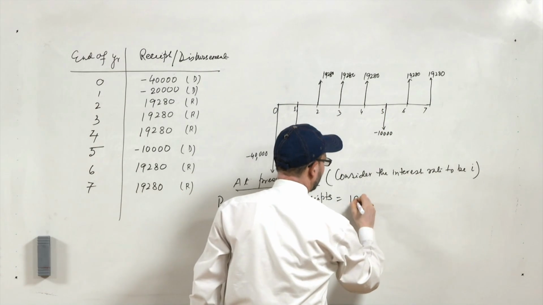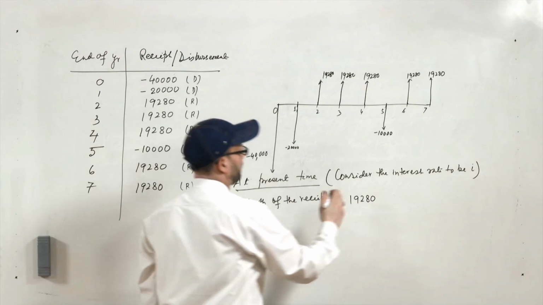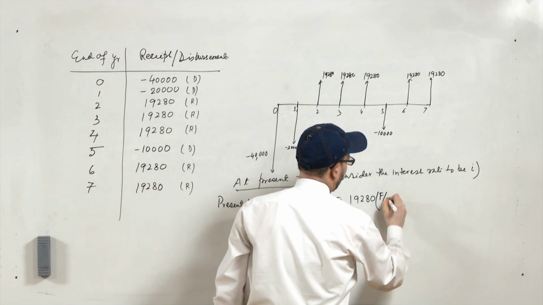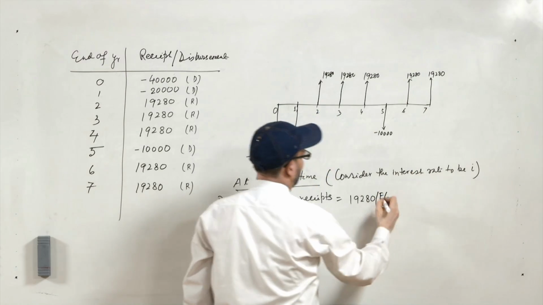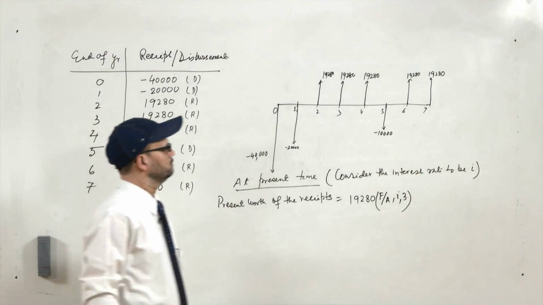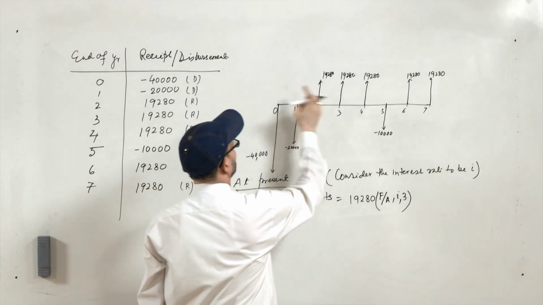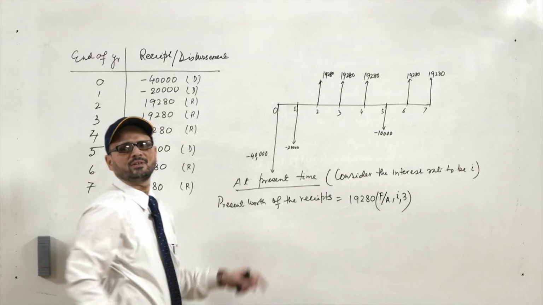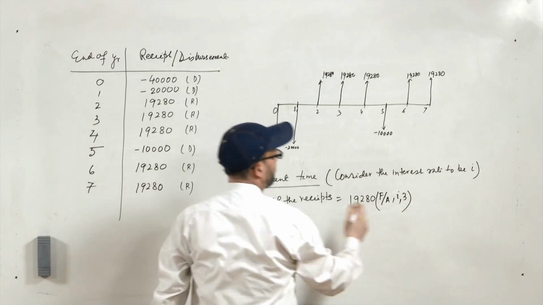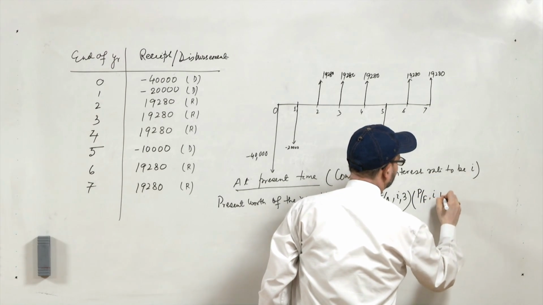So, 19,280 may be multiplied with F by A, I and 3. This will be defined at number 4. So, you have to bring it to time t equal to 0. There are 4 interest periods, so it will be further multiplied with P by F, I, 4.